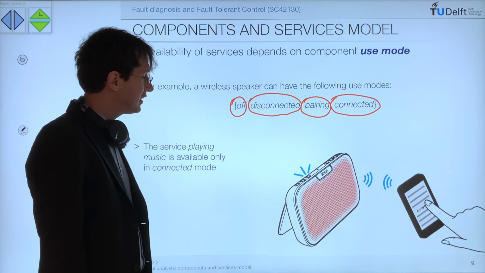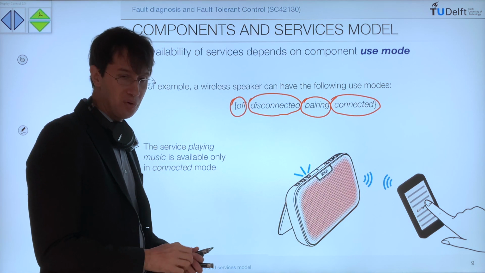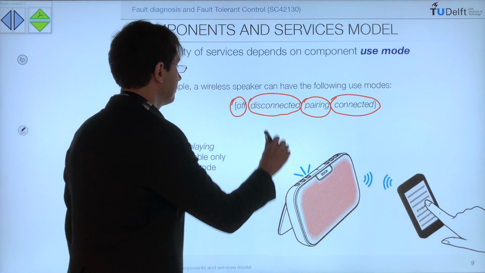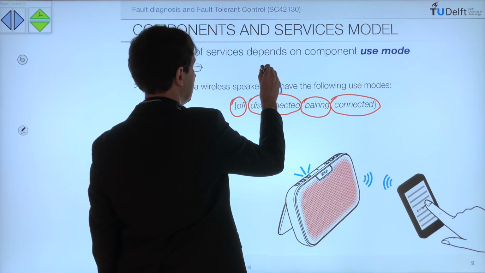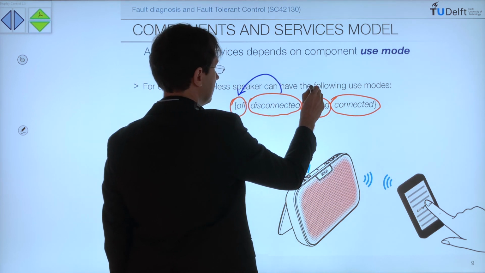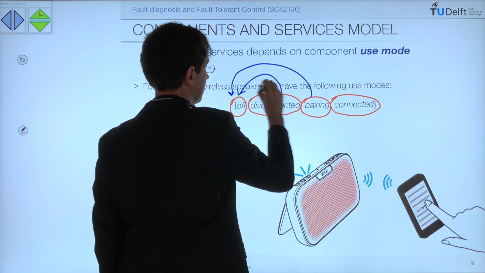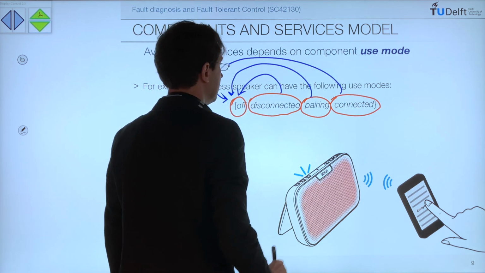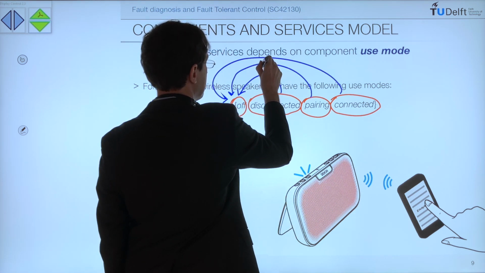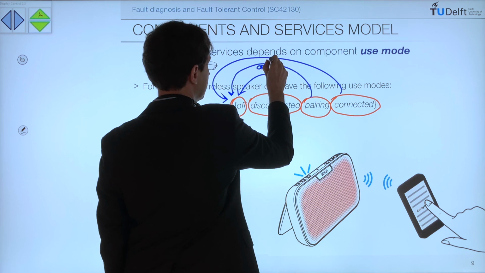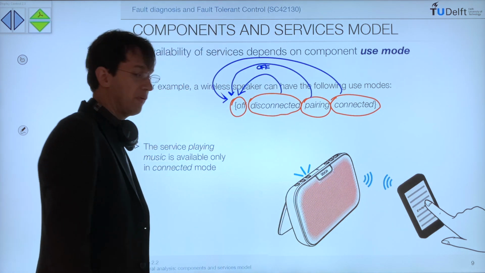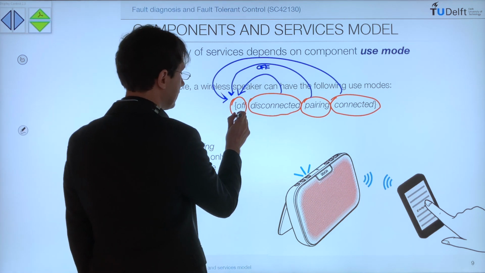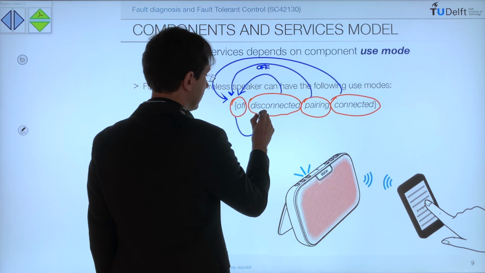From any of the other states, you can go back to off if you push the turn off button. These all represent pushing the off button. When you instead push the turn on button, the first thing is that you go into disconnected mode.